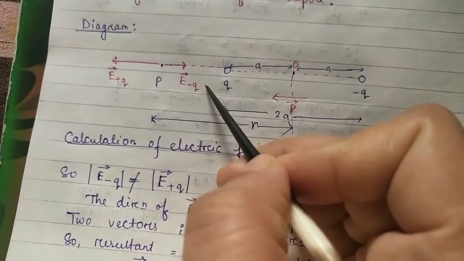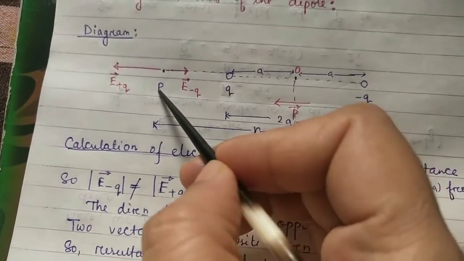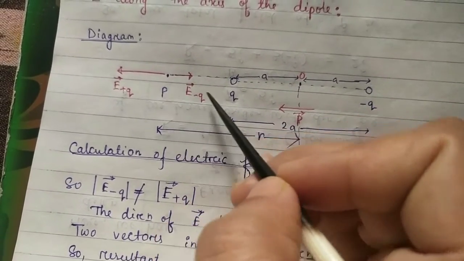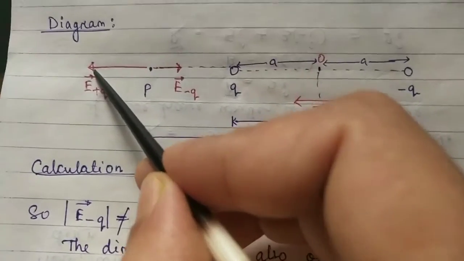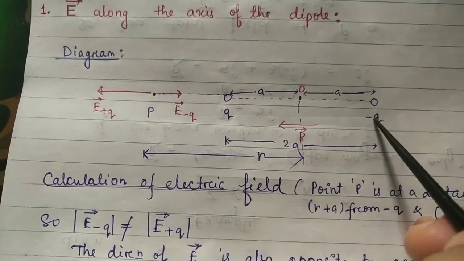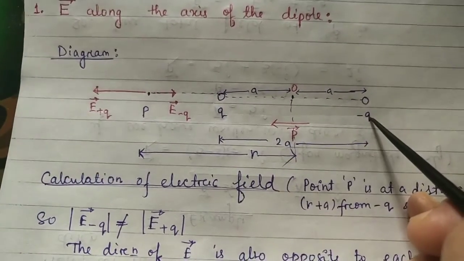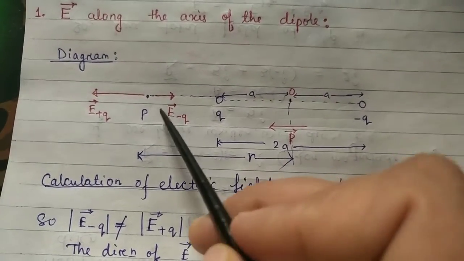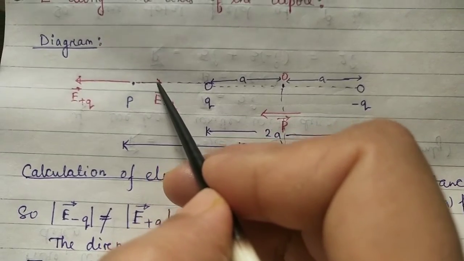As we know, near the charge the electric field strength is more. So the electric field strength at P due to plus q will be more, so I have given a long arrow mark here. And as point P is far away from the charge minus q, the electric field strength will be less, so to show E minus q, I have given a small arrow mark.